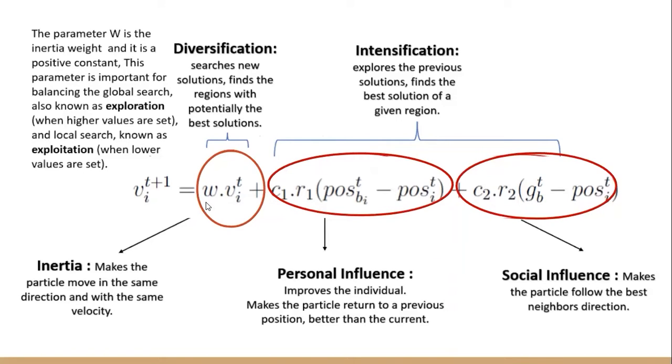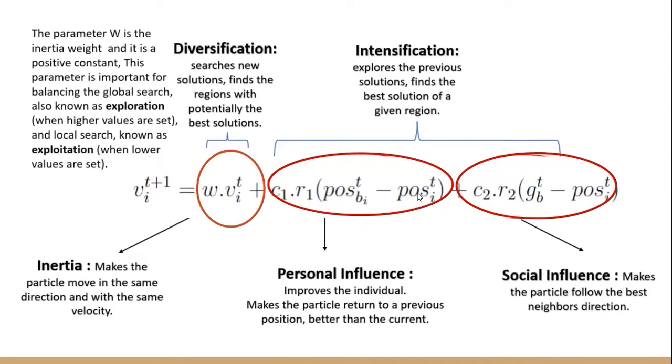So the W over here is for the inertia weight. So basically, if W equals 1, the particle continues moving in the same direction. But if it is in the range of 0 to 1, the particle basically changes its direction.